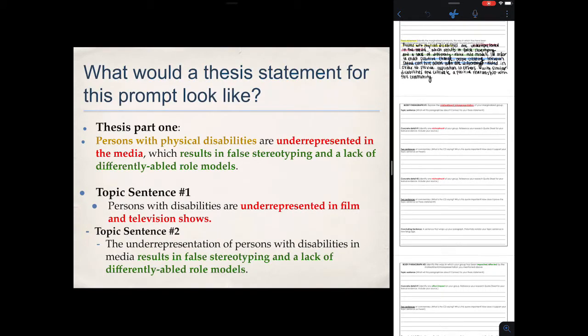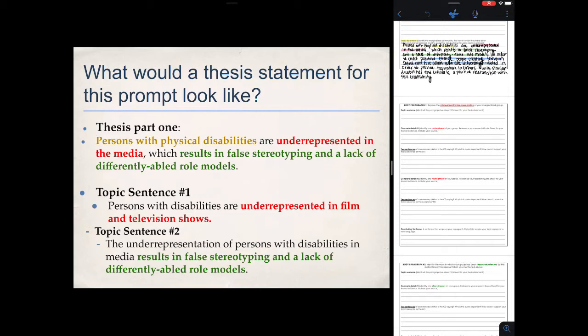So what might this look like for the thesis that we just wrote? If the first part of our thesis statement, part 1, stating the misrepresentation and the effect, looks like, again, persons with physical disabilities are underrepresented in the media, which results in false stereotyping and a lack of differently abled role models, then your 2 body paragraphs will just break up that part 1 of your thesis.